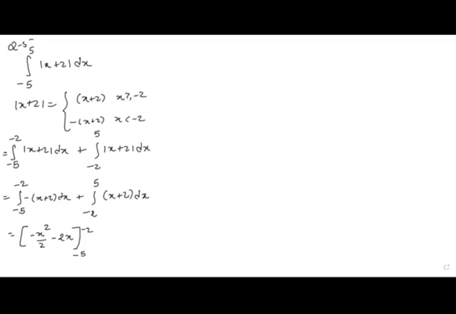Right, I have opened this bracket, so it will be minus x minus 2. Integration of minus x is minus x square by 2, whereas integration of minus 2 is minus 2x. The same way integration of x is x square by 2 and the integration of 2 is 2x, from minus 2 to 5.